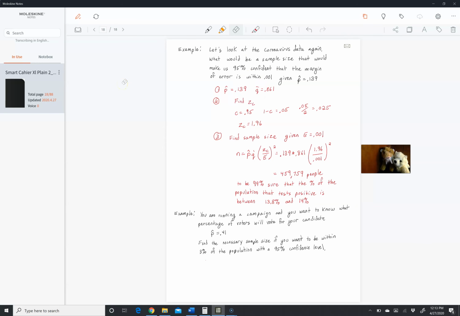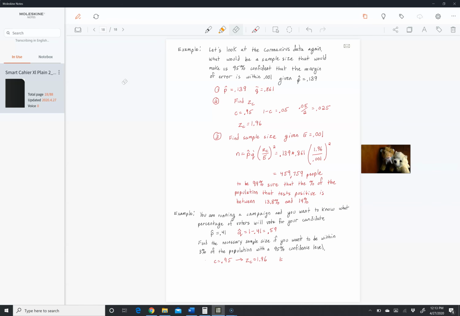Our p-hat is 0.41, which means our q-hat is 1 minus 0.41, or 0.59. Okay, our c is equal to 0.95, and we already know from our previous problem that z sub c is then 1.96.